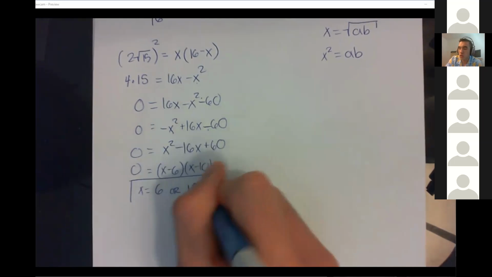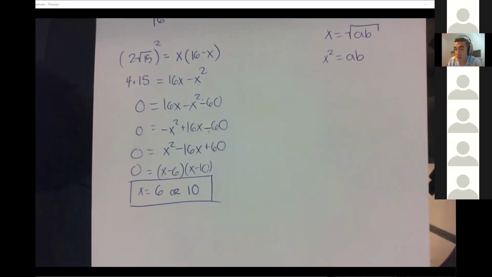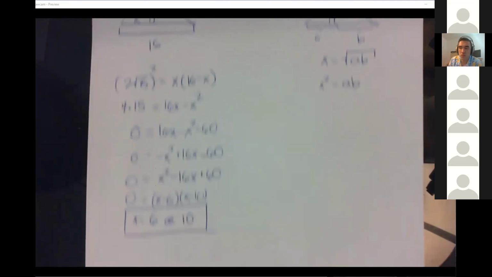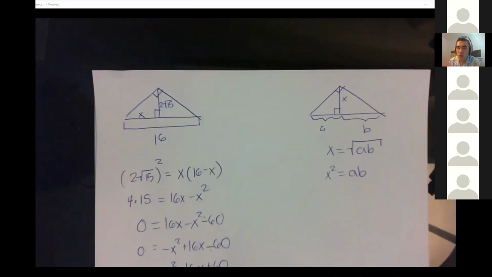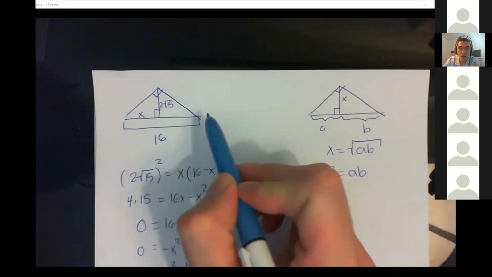And I like this solution and think it's interesting because it seems like it's two answers. It's actually not, it's only one answer. Here's how this is only giving us one answer possible for this question. One of these lengths is going to be x. The other one is going to be 16 minus that length.